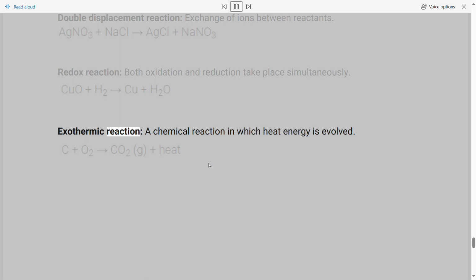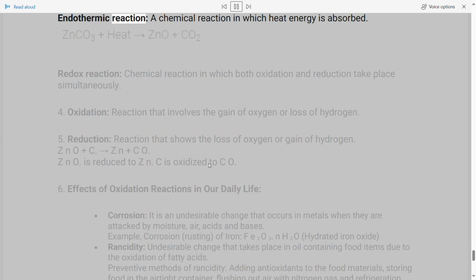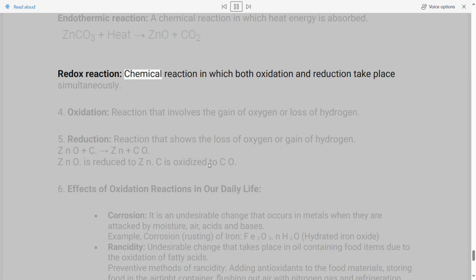Exothermic reaction: a chemical reaction in which heat energy is evolved. Endothermic reaction: a chemical reaction in which heat energy is absorbed. Redox reaction: chemical reaction in which both oxidation and reduction take place simultaneously. 4.